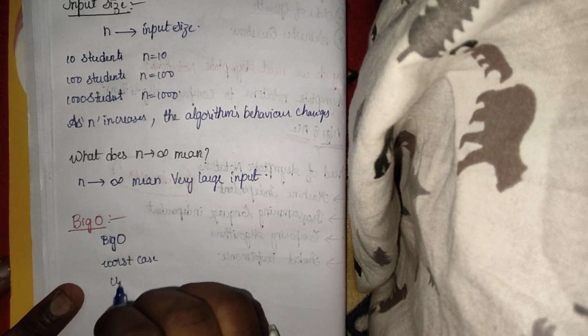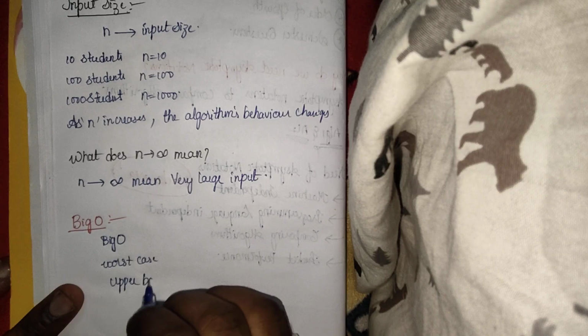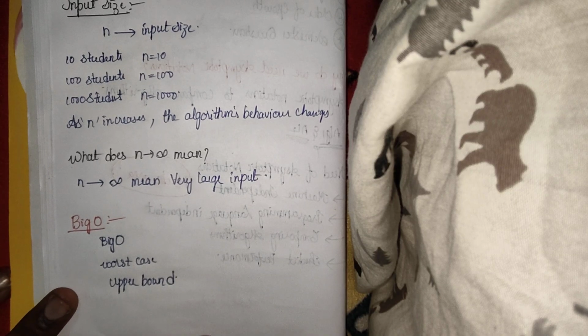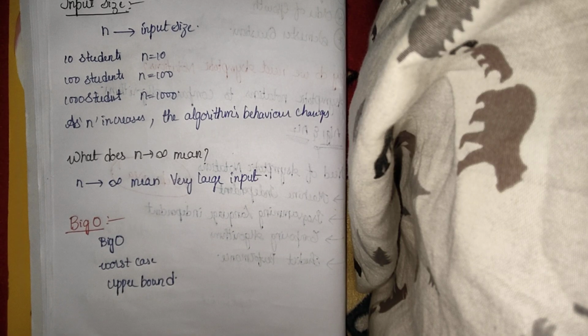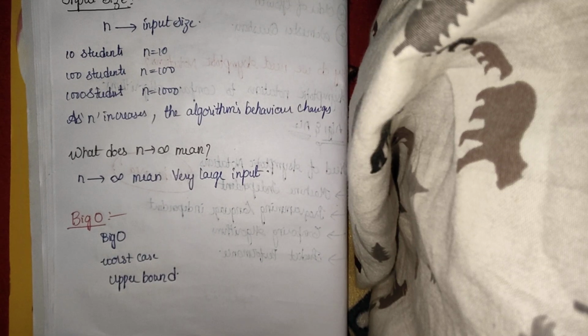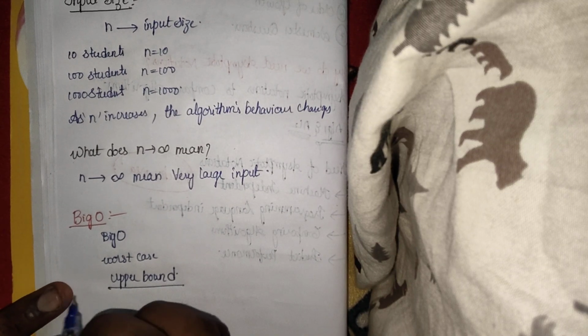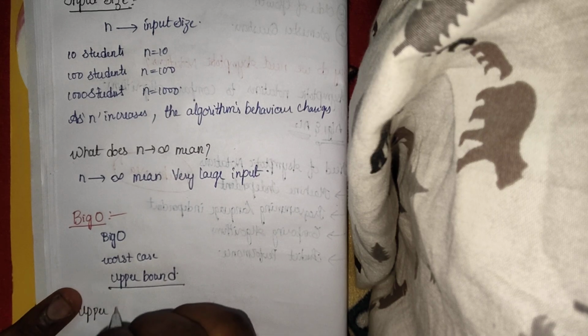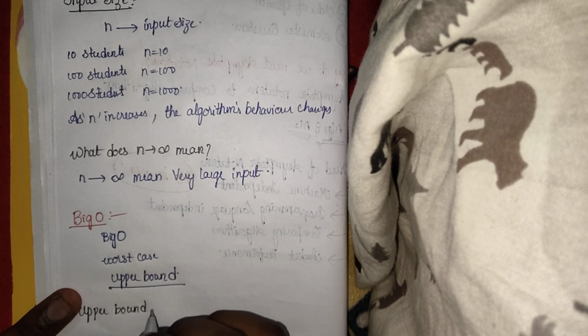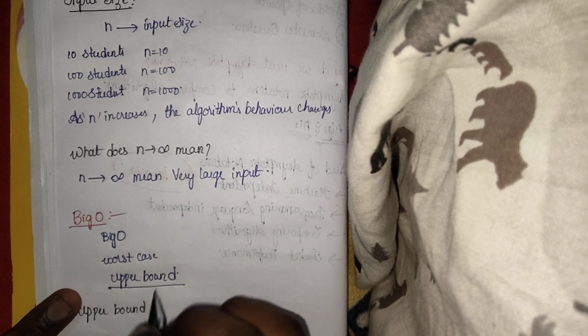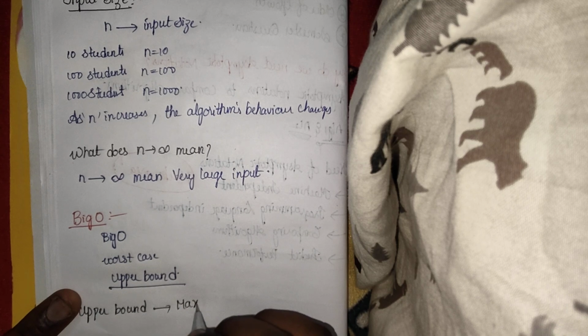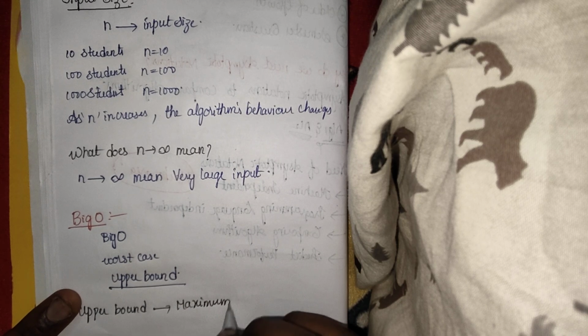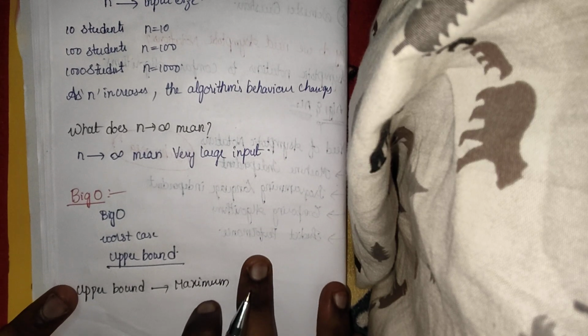Worst case upper bound. Students, first let us understand the word upper bound here. Upper bound means maximum. Bound means limit.